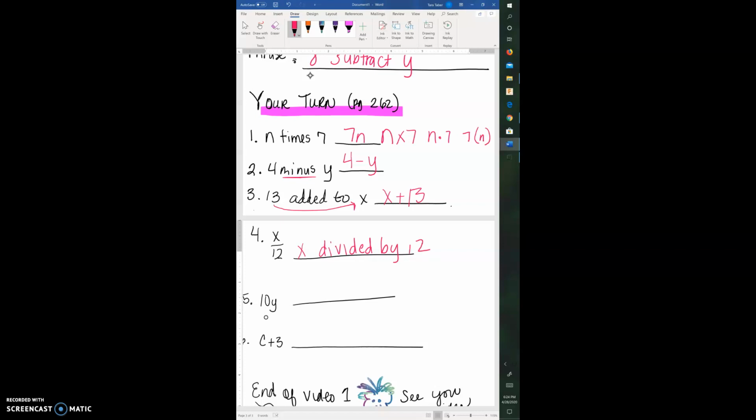You can write the quotient of x and 12, but remember, this is our division. It looks like a fraction and it scares you and you think you can't do it, but you can because you know how to divide. So don't get scared of that. Remember, division's also this sign and this sign. Don't forget.